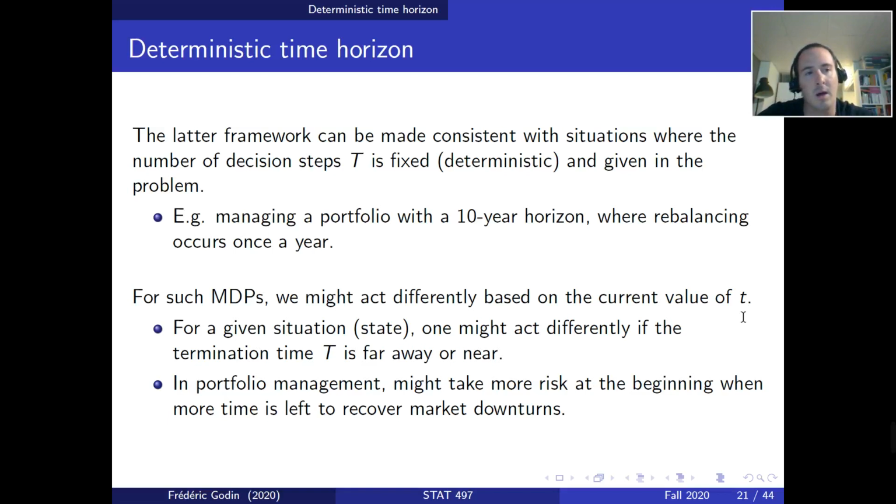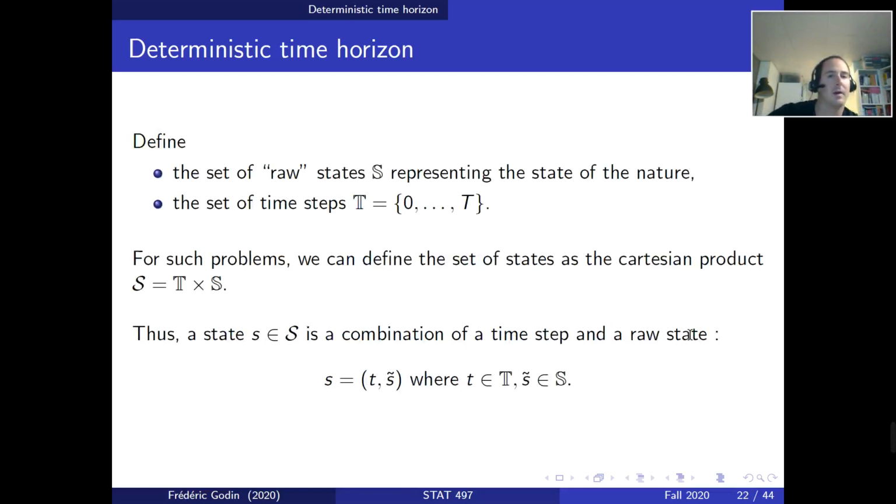This framework looks different from what we had earlier, because earlier we said that only your state can characterize your action, but we will see now that we can reconcile both frameworks quite easily. So how do we do that? We can define the set of what I referred to as raw states.